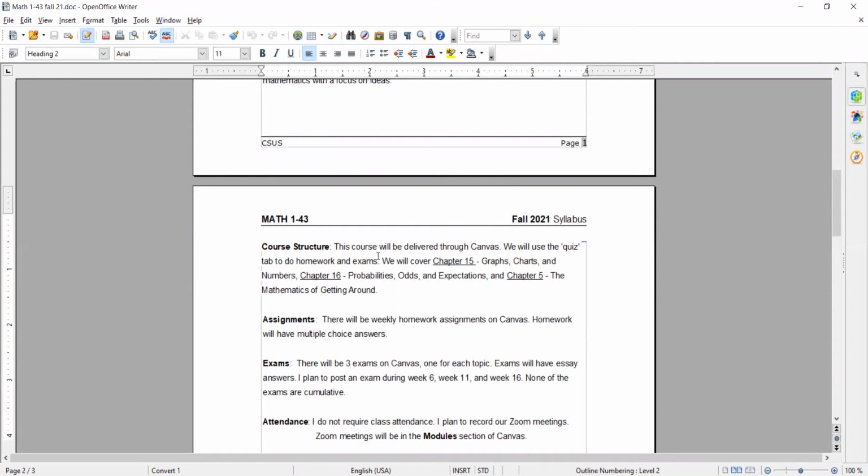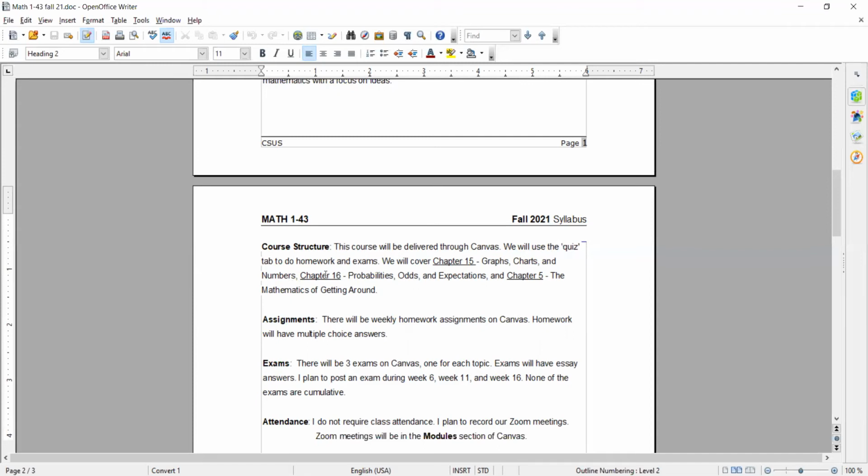We will cover 3 chapters or 3 topics. We start with chapter 15 and then take a test on graphs, charts, and numbers. So we sort data, and then we switch to chapter 16. It's kind of related, but it's a new topic.